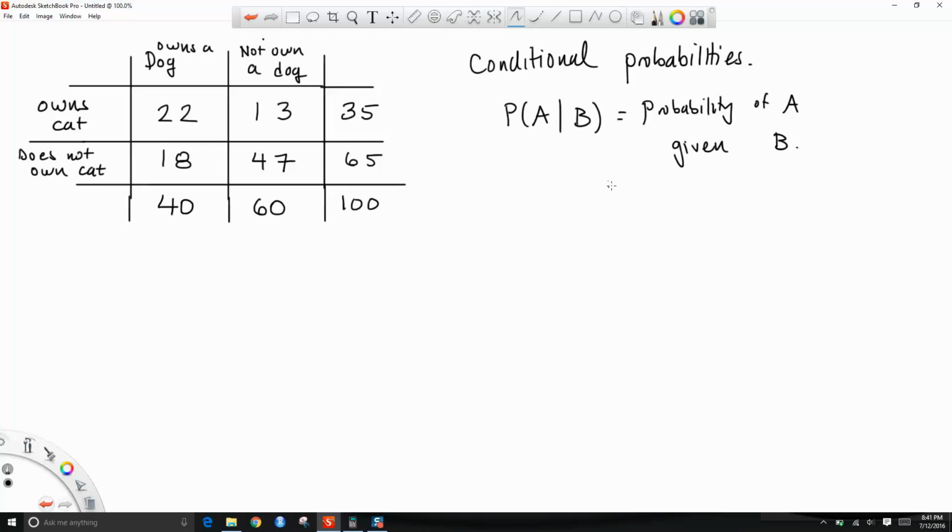And this is basically saying what is the probability of A if we know B has happened.